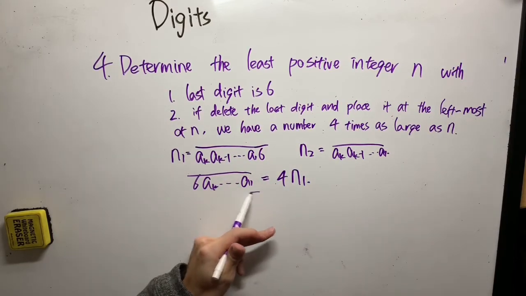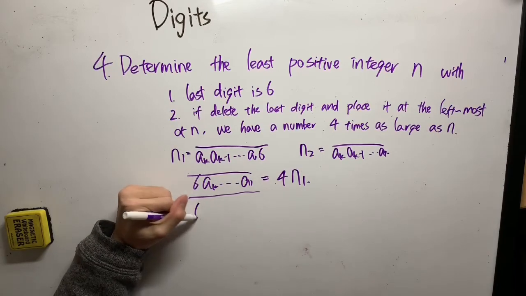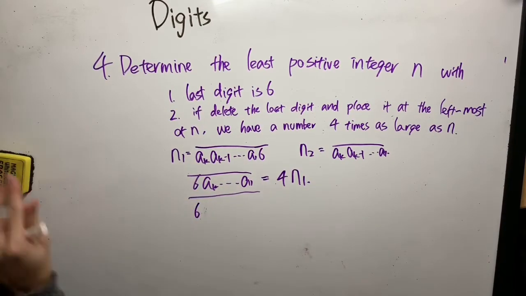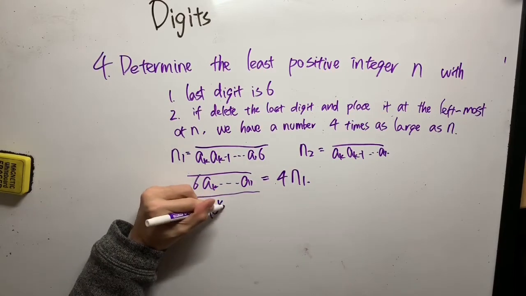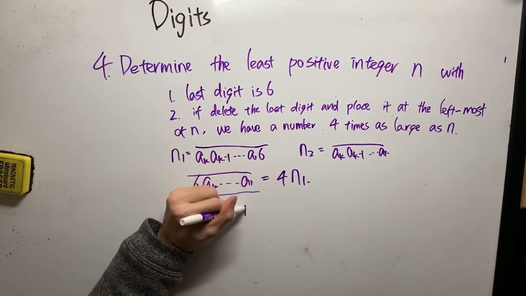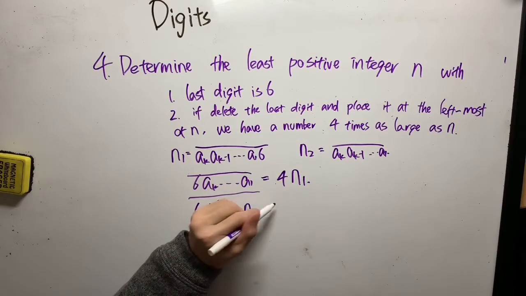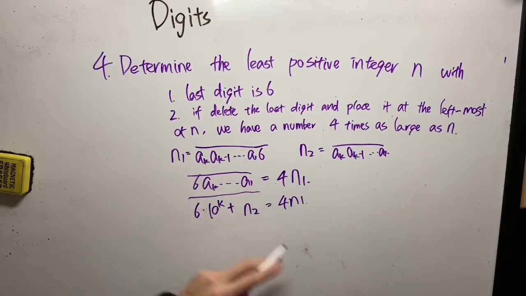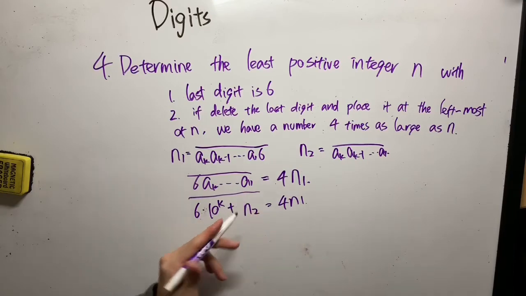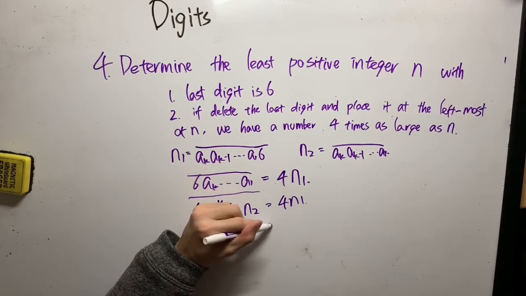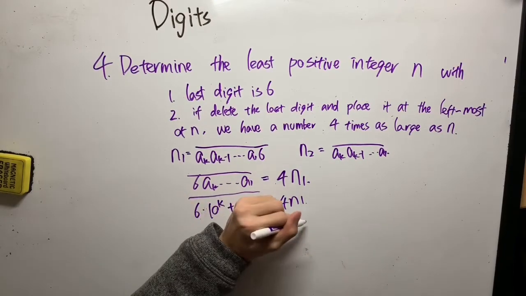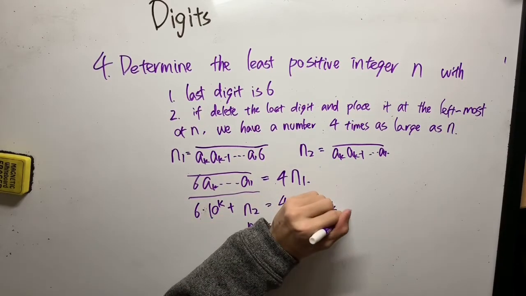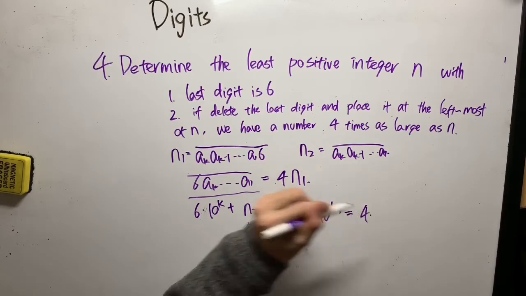And we can simplify this as 6 times 10^k plus n2, and this equals 4 n1. And we can keep simplifying, thus n2 equals 4 n1 minus 6 times 10^k.